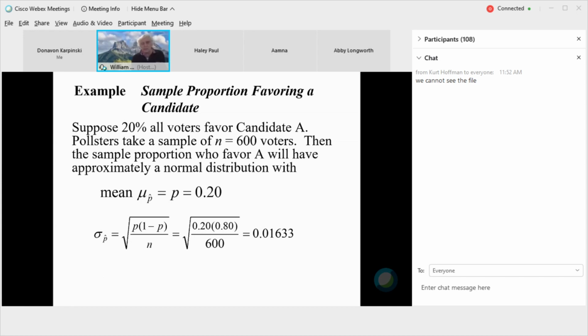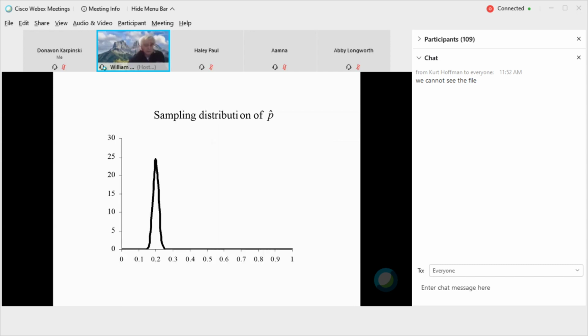The proportion who favor candidate A will come from approximately a normal distribution with mu p hat equal to p, 0.20, and sigma p hat equal to the square root of p(1 - p)/n, which is the square root of 0.20 times 0.80 divided by 600, which is 0.0163. There's the graph of the sampling distribution of p hat.